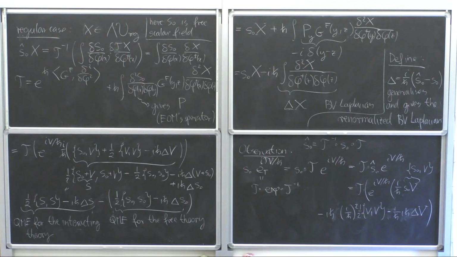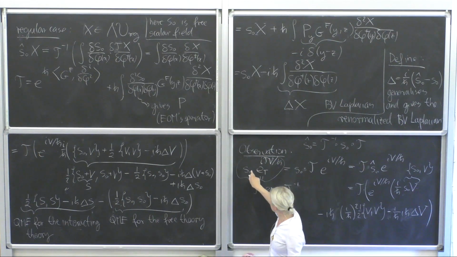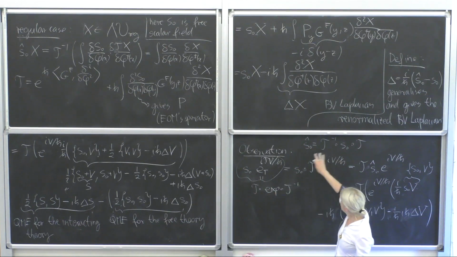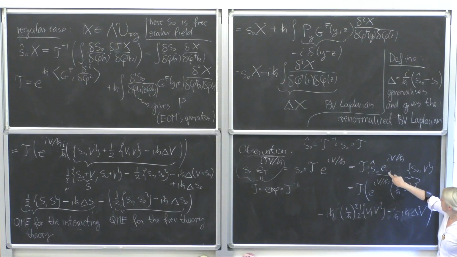Then, if I find an S such that the interacting quantum master equation is satisfied, then going back to this board, the S matrix is invariant under this classical BV operator, or you can say that the exponential of V is invariant under the quantum BV operator.